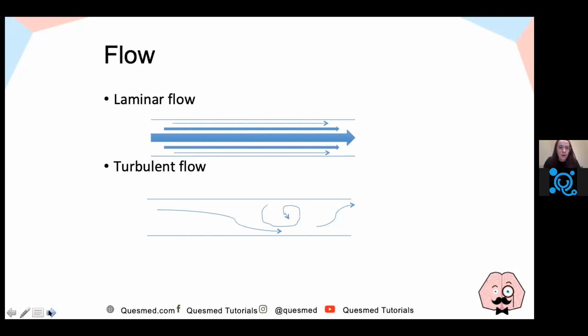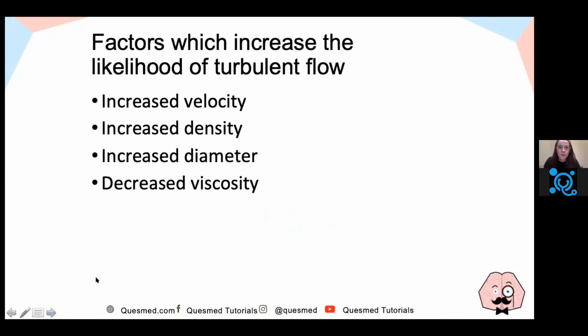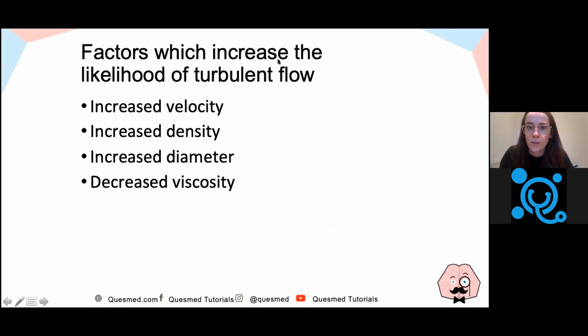So factors which increase the likelihood of turbulent flow: increased velocity. If you think about a roaring river with the rapids and everything running really quickly, increased velocity increases the chance that these eddies and swirls are going to happen.